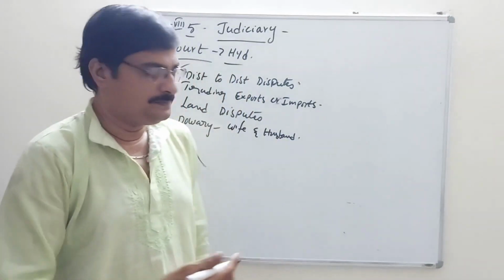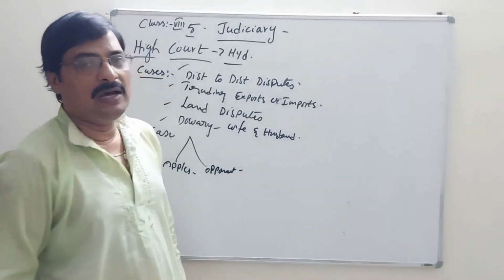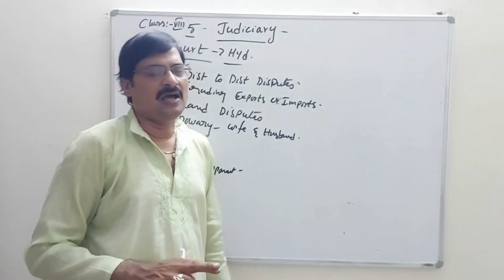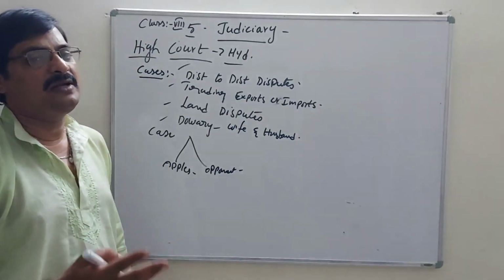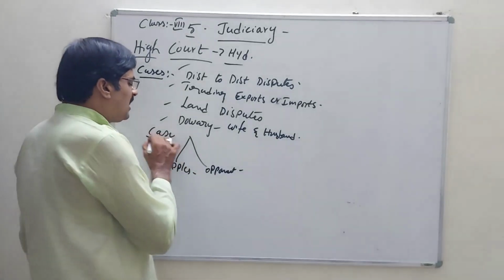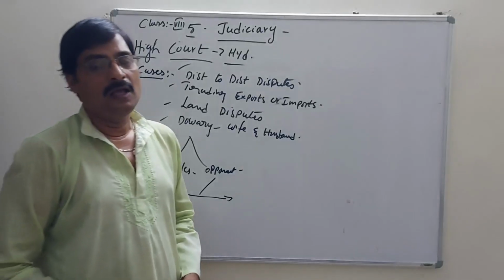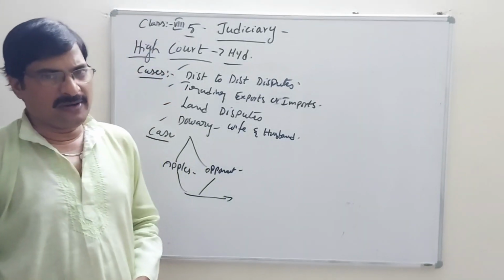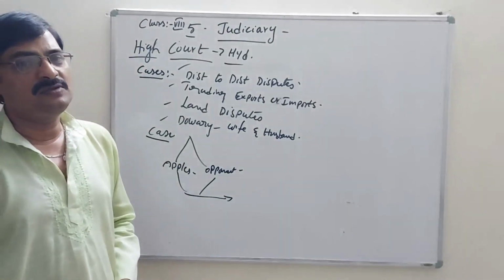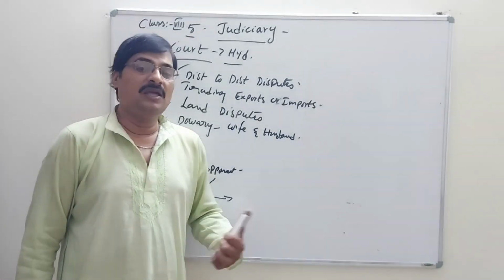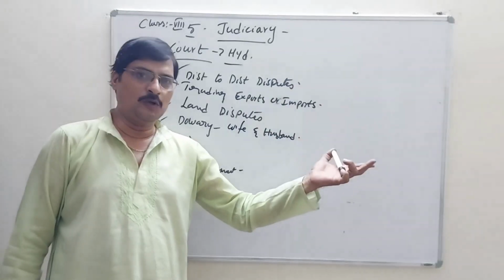And the opponent is there. There are two kinds of things: the policeman has to take information from the opponent also. So in every case, these two kinds of people may not be satisfied with the high court judgment. That means the court judgment is not satisfying them, so the court will give permission to move to the Supreme Court.